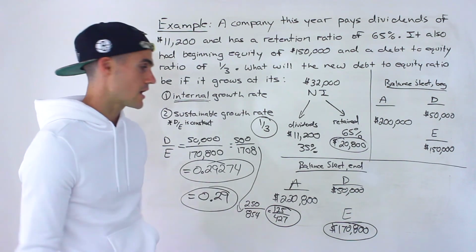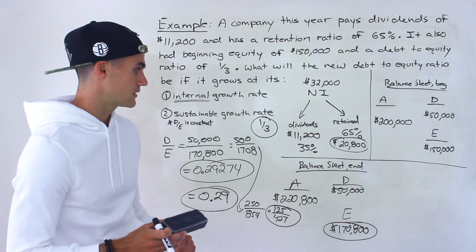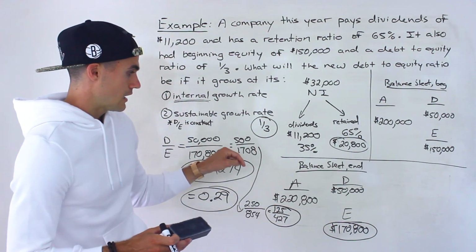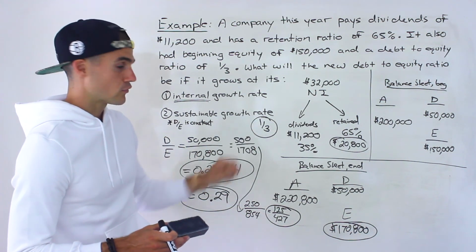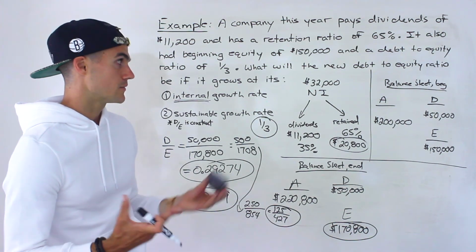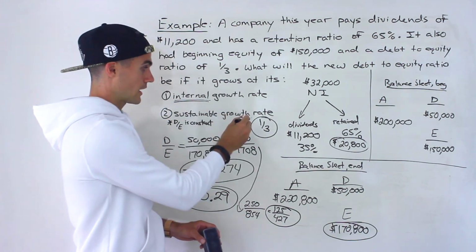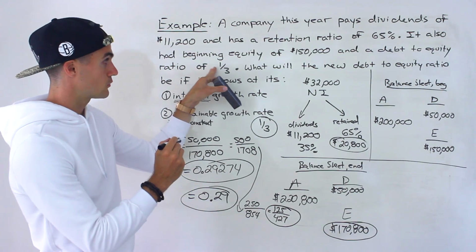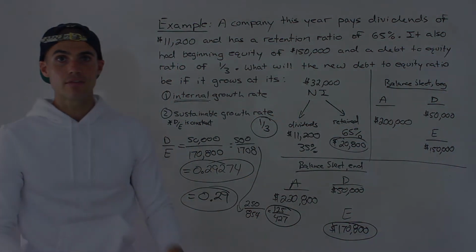That ratio would stay constant. So you can go through that if you want for some extra practice. Just make sure that that ending balance sheet is coinciding with that 1/3 debt to equity ratio. But yeah, the quick way, number 2, because it's growing at a sustainable growth rate, debt to equity ratio staying constant. We're given the debt to equity ratio at the beginning of the year. It's going to be the same at the end of the year.